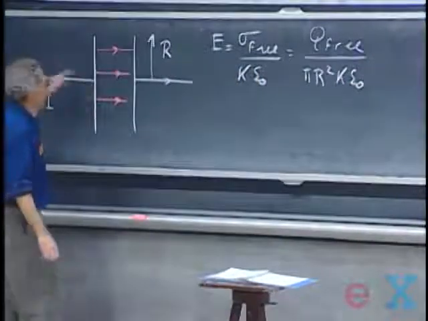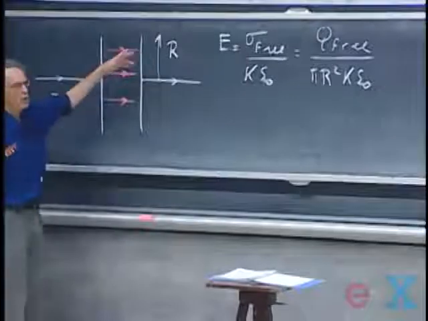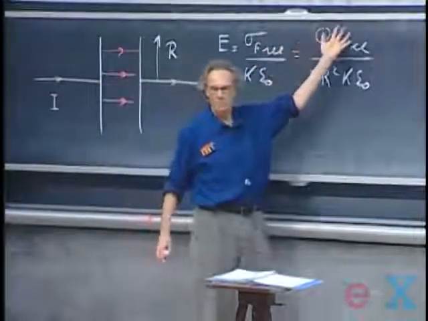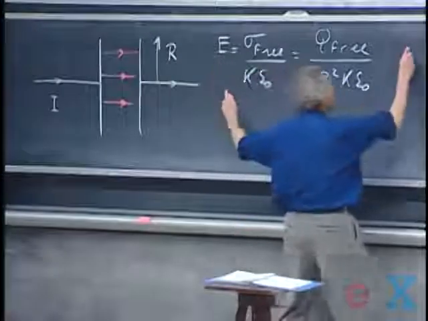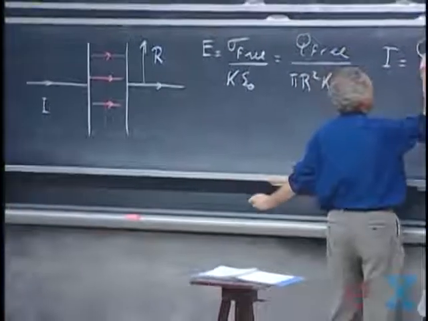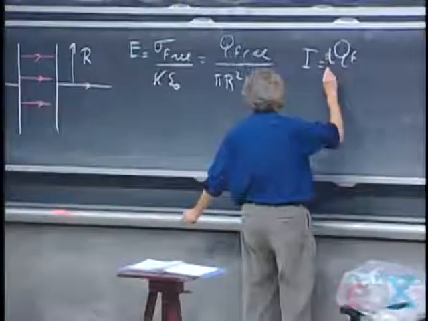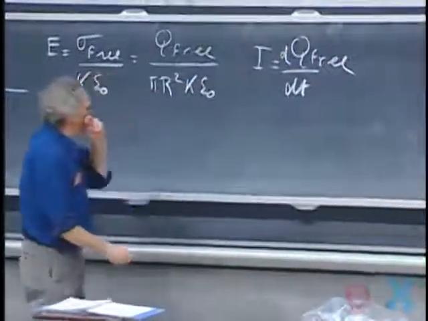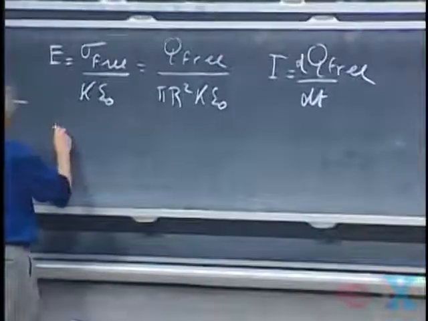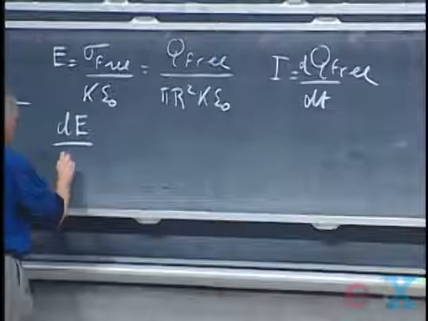But since I run a current, the Q free is building up all the time. And so the current, per definition, is dQ/dt.